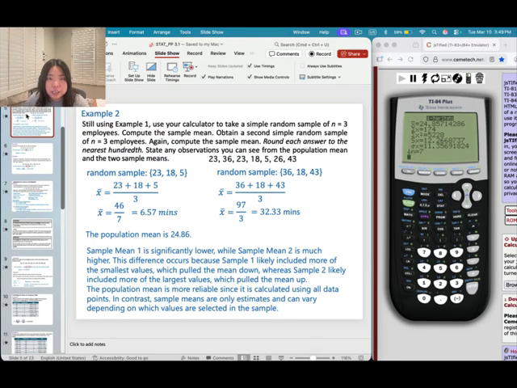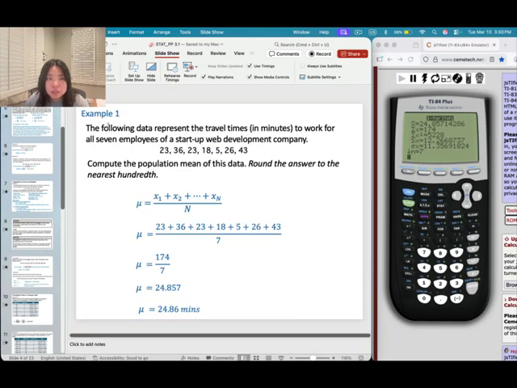Okay, you can double check, 24.86. Okay, or here 24.857. On your calculator, it doesn't know whether you are calculating the population mean or sample mean, so you may need to change the notation by yourself. Okay, they do have the same formula, they just have a different notation. So the population mean will be 24.857.